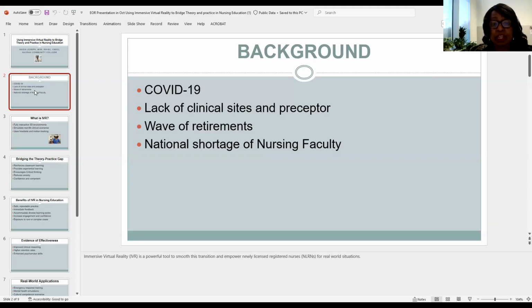Some of them left healthcare, early retirement. And this is the time that we struggled with clinical placement, meaning that the hospital would not allow students to come to the hospital. And we didn't have any preceptor for capstone students. And we're all aware there's always a major national shortage of nursing faculty.